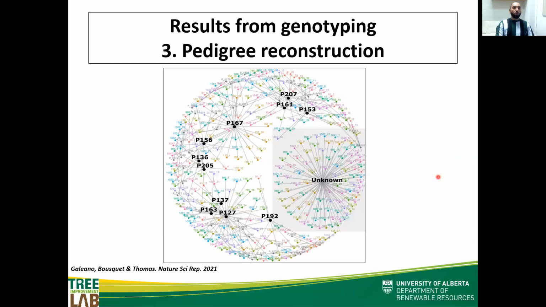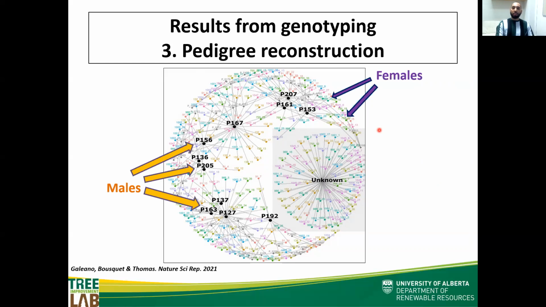Then we could reconstruct pedigrees with this genotyping technology, and don't panic with this graphic. I know that it's quite complex, but this is showing all the structure of the population with the females in colored dots, the males in black dots, and we can understand how the families are configured.